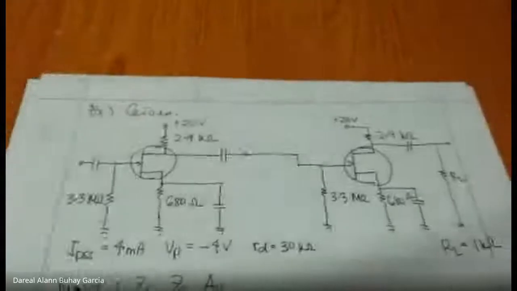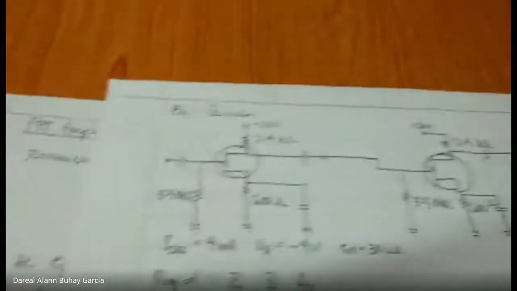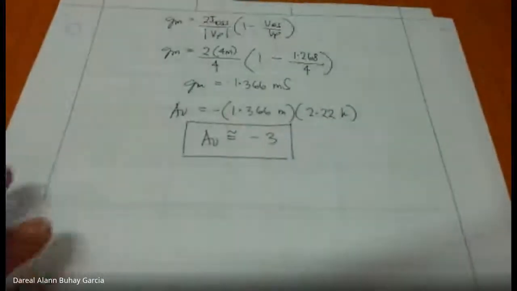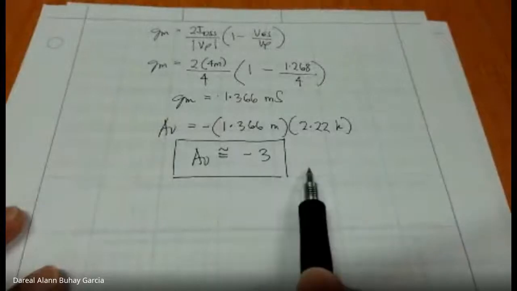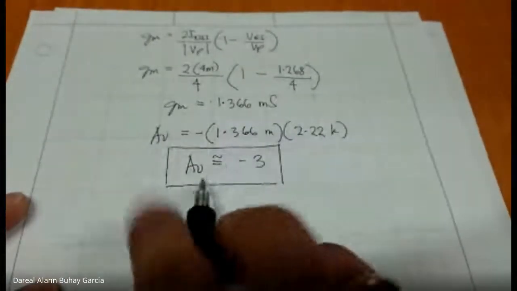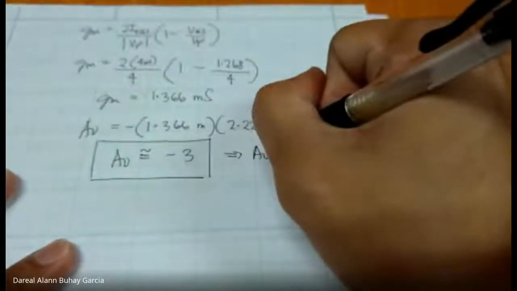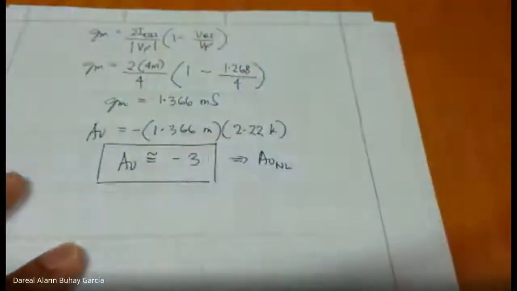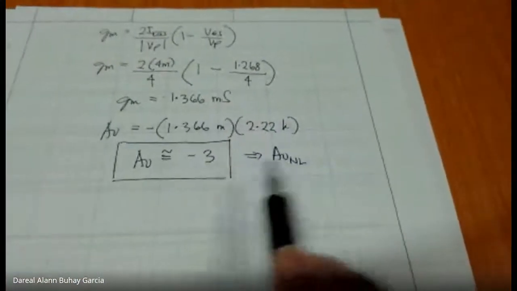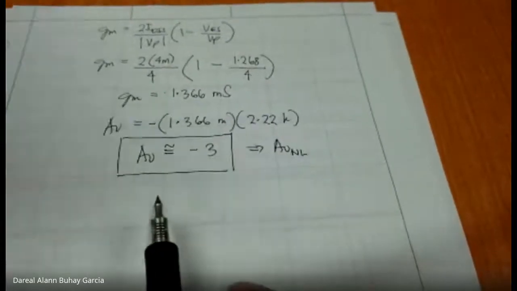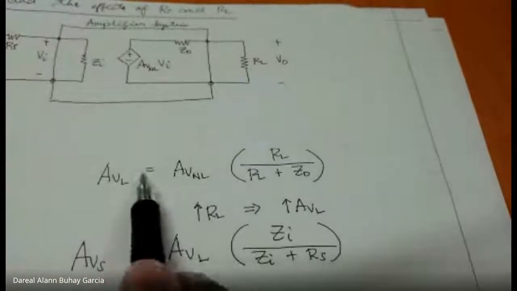But for sure, dili pa siya with the effect of RS, kay what may given RS. So it's not 3 times 3, because this AV is an unloaded voltage gain, or AV no load. Kaning negative 3, pangitaw na to ang AVL.